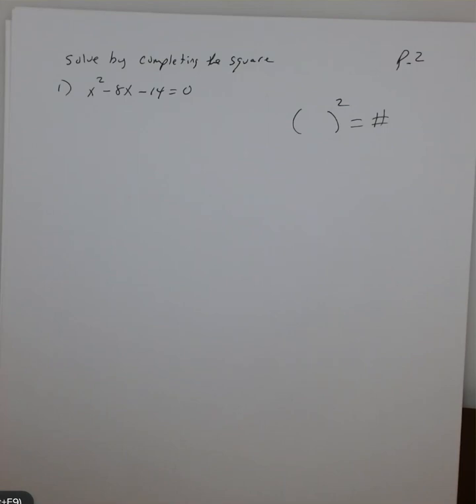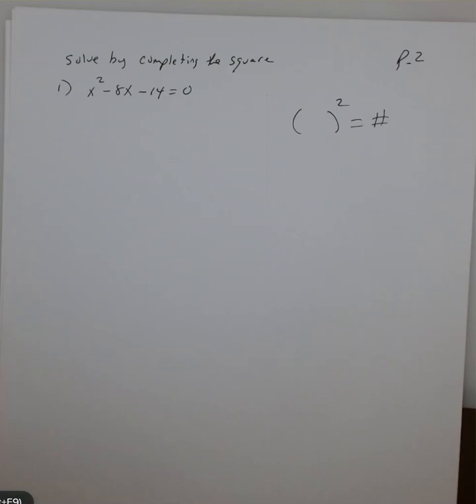Number 2, rewrite the equation so that both terms containing the variables are on one side and the constant is on the other. So do I have to do step 2? Someone said no, someone said yes. What's the answer? Yes.